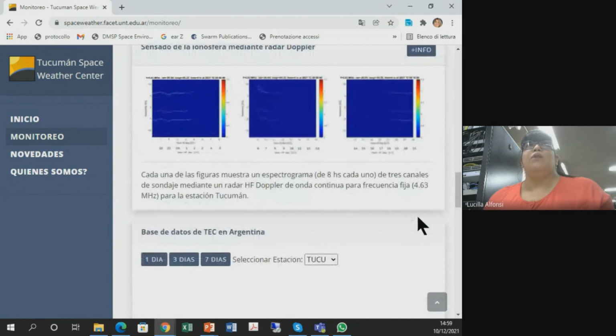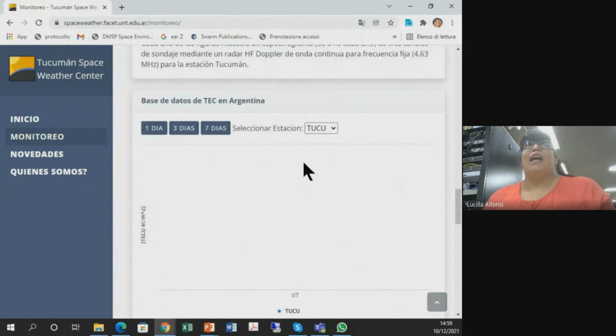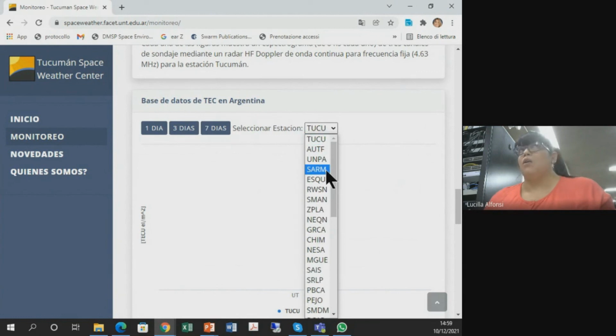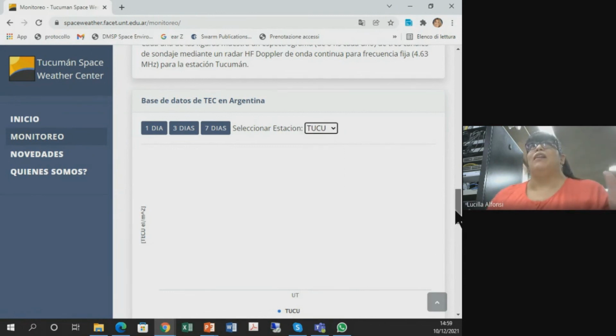And this is the new thing we are trying. I hope next week it is going to be working. We are working on a database of TEC for any of the stations of Argentina. This will be a calibrated TEC. Today we don't have it, but I think next week it is going to be there.